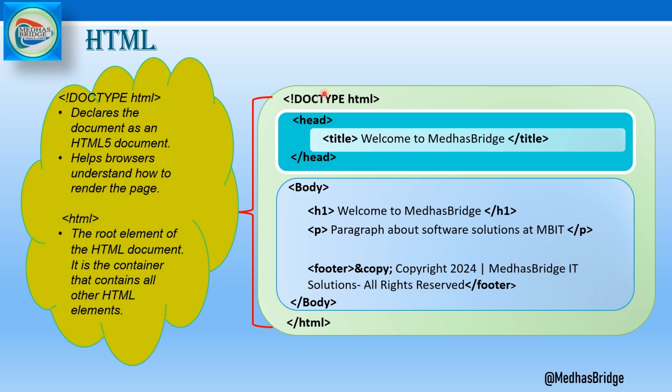It helps the browser understand how to render the overall page, because we have different versions of HTML, but today the most widely used HTML is HTML5. So this notation tells that this is an HTML5 document, so the web browser can understand and render the rest of the tags in line with the HTML5 standard.